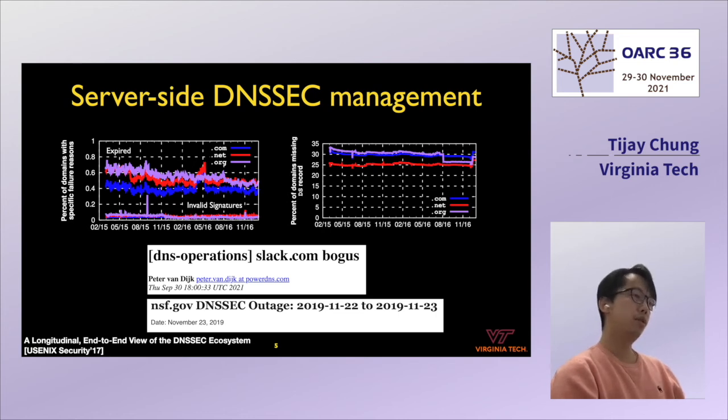But the percent of domains missing a DS record is sometimes over 30%, which means there must be something wrong. And if you attended yesterday's talk, we know that Slack.com experienced a DNSSEC outage because of its bogus status, and NSF.gov also experienced an outage for 2 days.